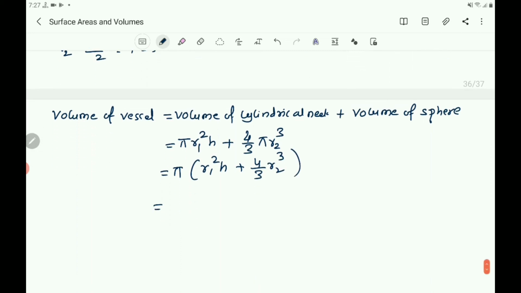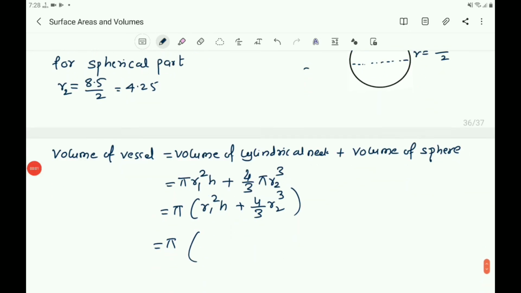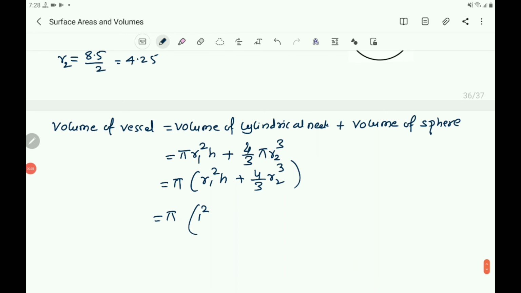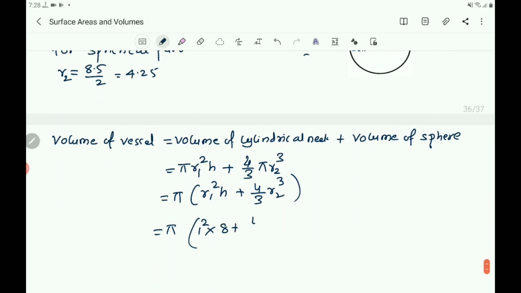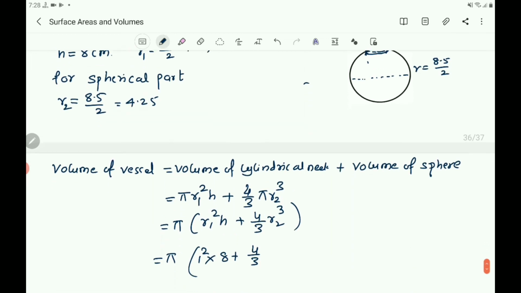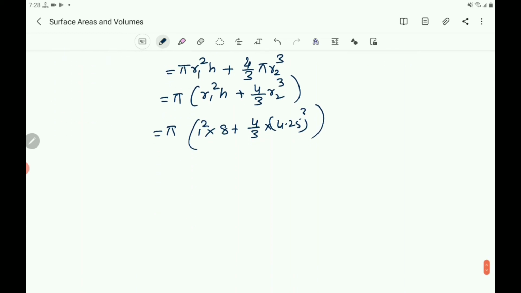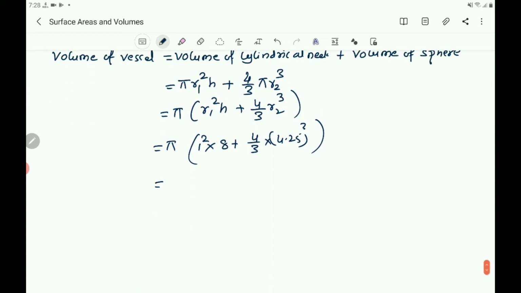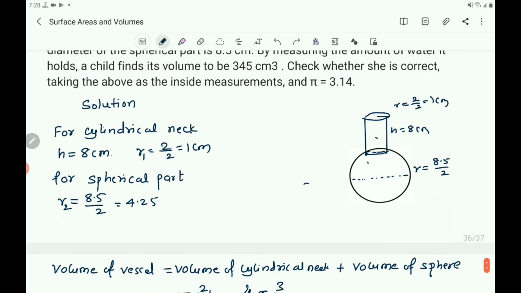Then r1 is 1, so you write 1 square into h, h is 8, plus 4 by 3 into r2, r2 is 4.25 cube. For pi we have to take 3.14.